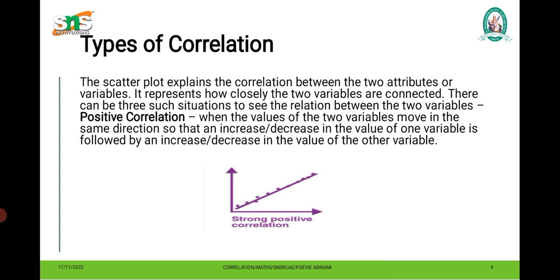So this type of correlation is said to be a positive correlation and it is denoted in a diagrammatic representation. Here both the x and y values are increasing in the same direction. Therefore, the scatter diagram shows a strong positive correlation.